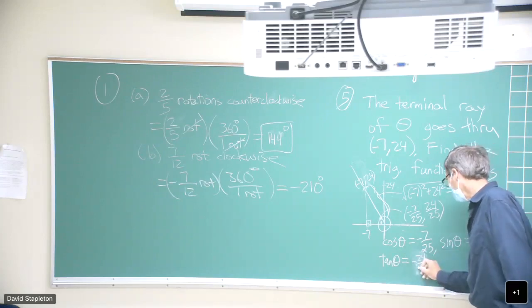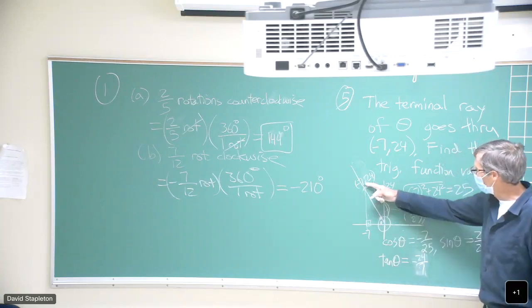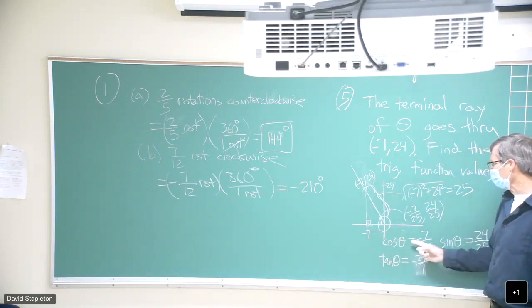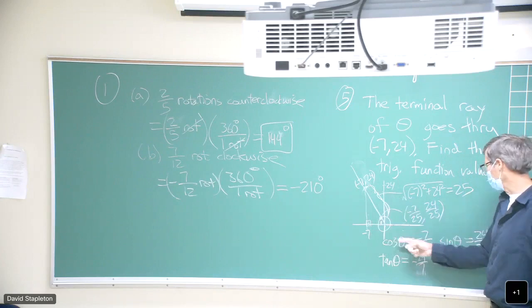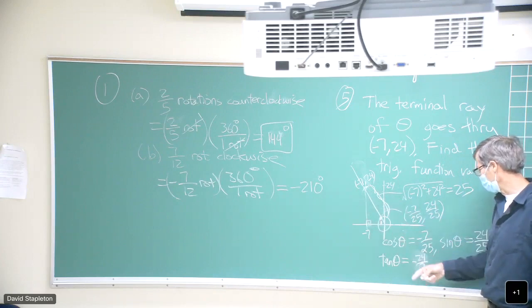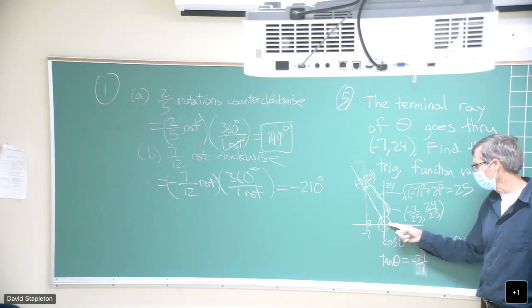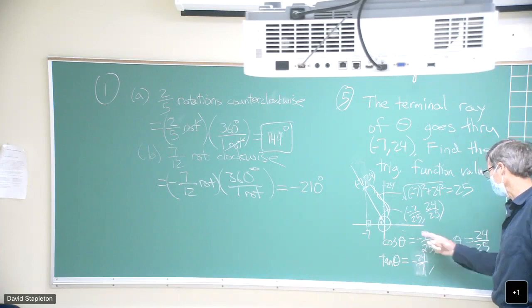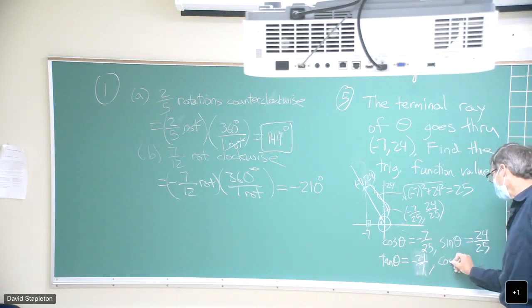Sine over cosine. But yeah, so this big triangle is an easier way. You can say cosine is adjacent over hypotenuse, sine is opposite over hypotenuse, tangent. But you have to keep the sign, that's the trick. So you have to keep the negative. Or if you use the unit circle, it tells you the negatives.